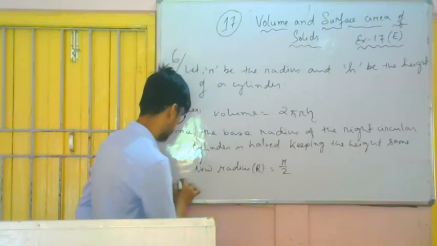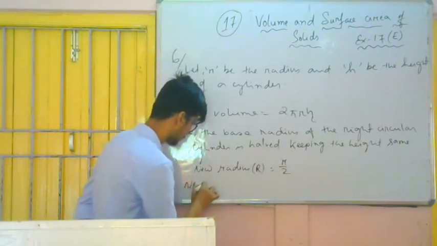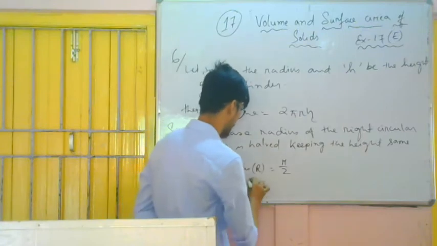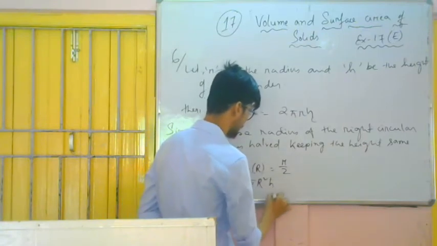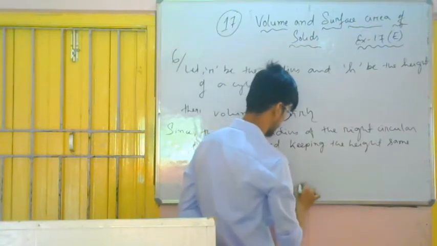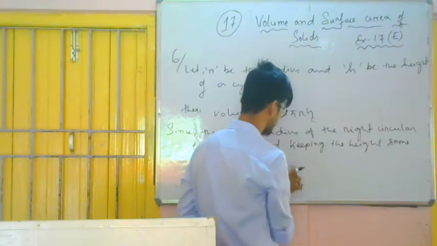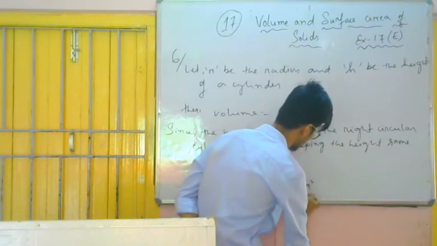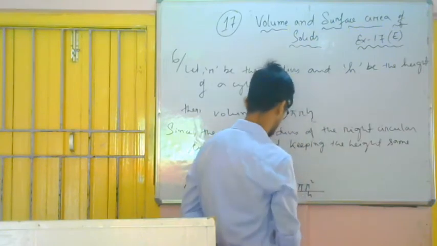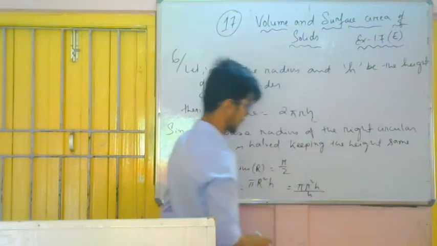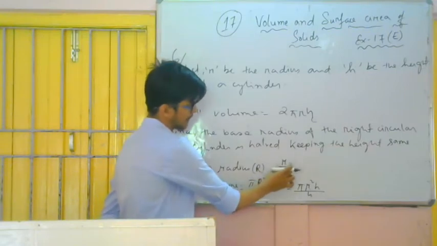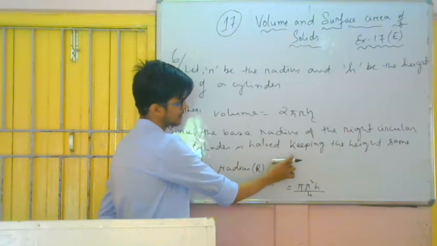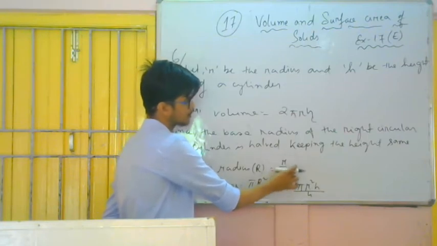So therefore new volume will be equal to pi R square H. So pi R square, that means r by 2, that means r square by 4, and height it is H. Again you see, R is squared, that means r square by 2 square, it is 4, so r square by 4.